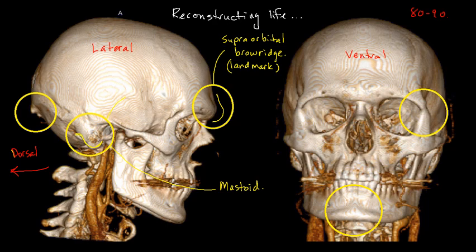Okay, so moving to the dorsal area, to the occipital. The mastoid, let me write this in. We find the supraorbital on the frontal bone, right? The mastoid, we're finding that on the temporal bone.